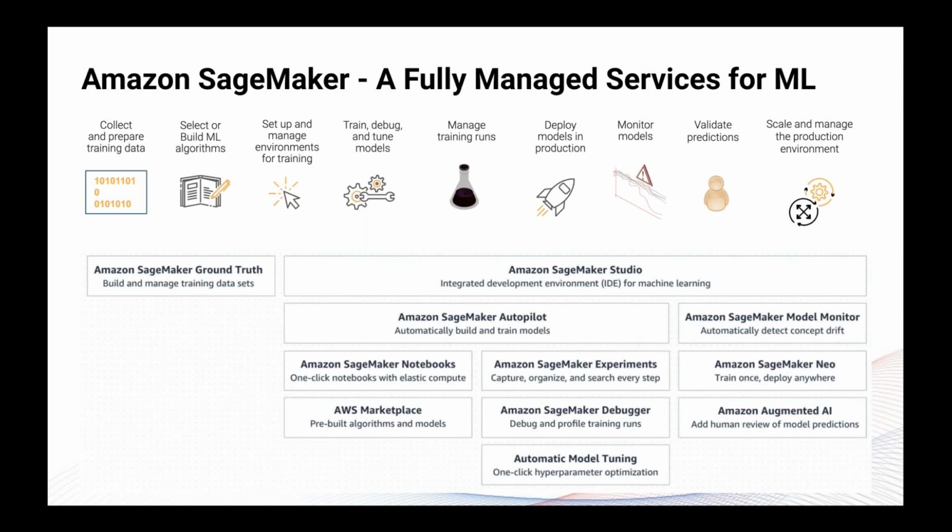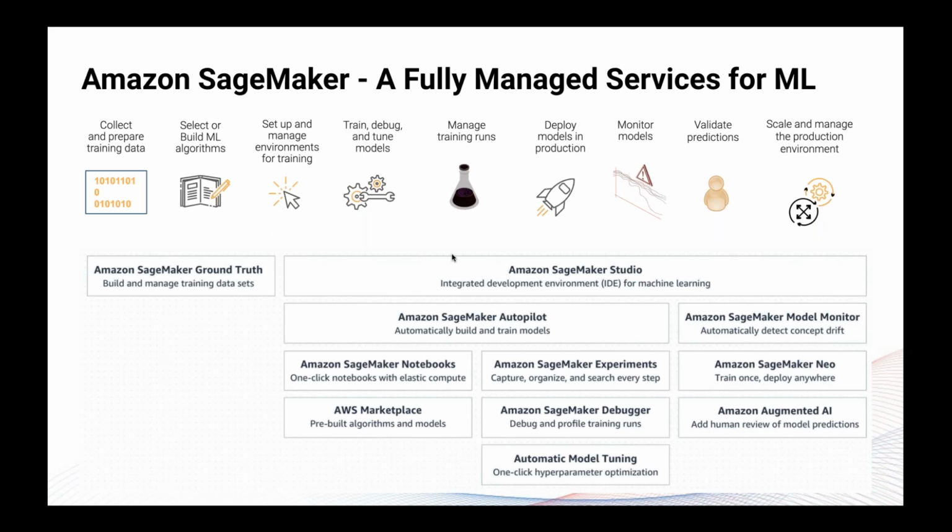Next, we have the SageMaker Studio platform, which encompasses Autopilot, which is our AutoML platform, and model monitoring, which allows you to do a baselining of your training data and then compare inference jobs against the baseline data when there are new inference jobs coming in.